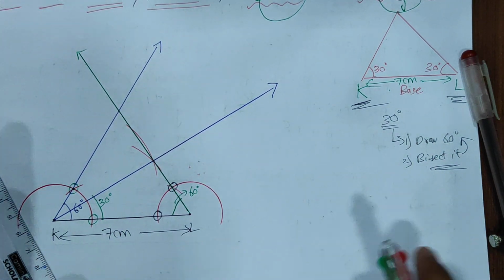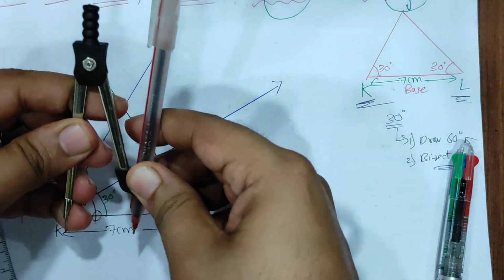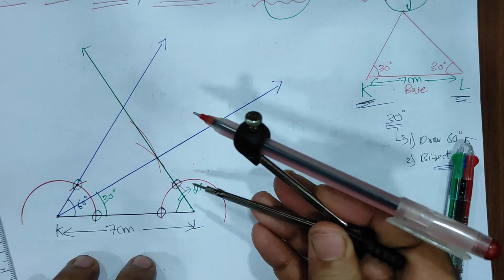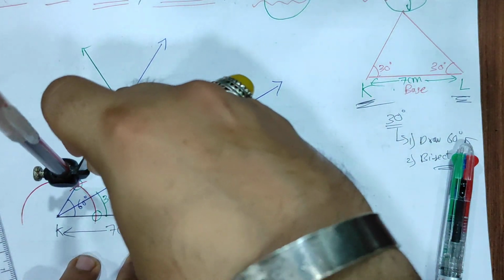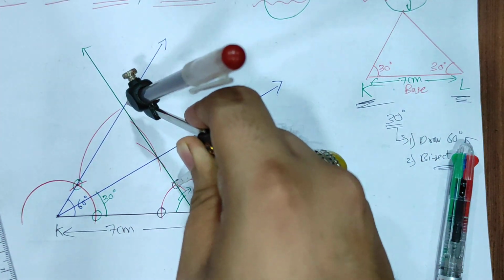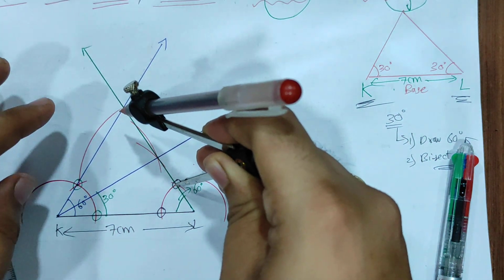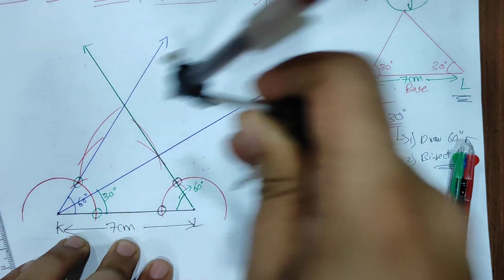These 2 points. Okay, so now I will take more than half in my compass, more than half. Okay, and keep it at this point, an arc over here. Always whenever you draw arc, make it light, keep it light, so it does not disturb the diagram. And keeping it over here, an arc over here.